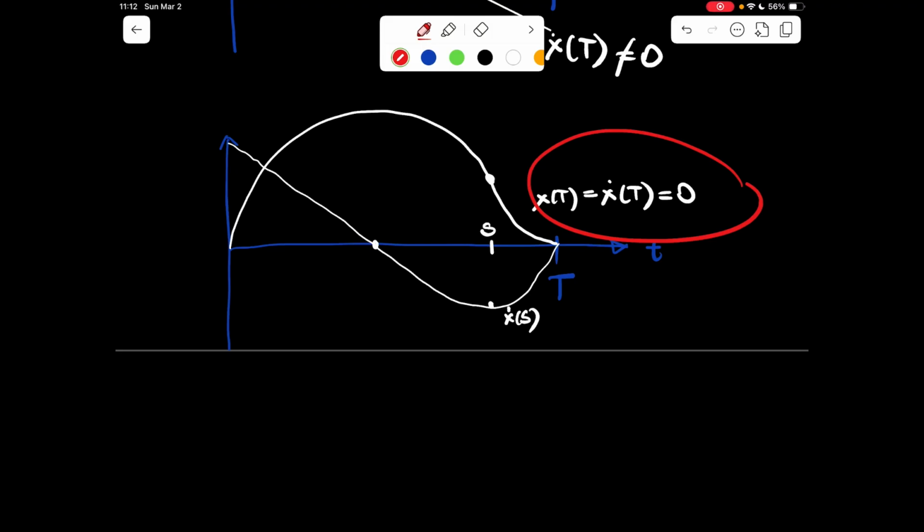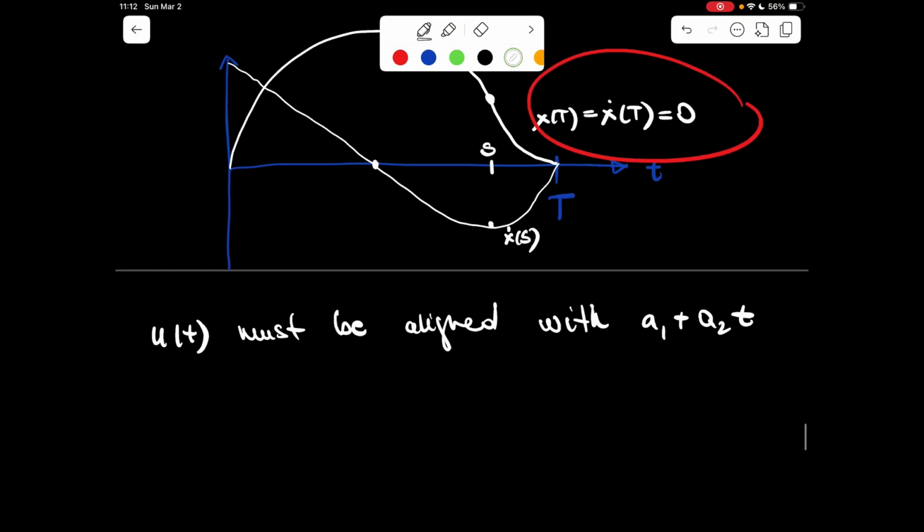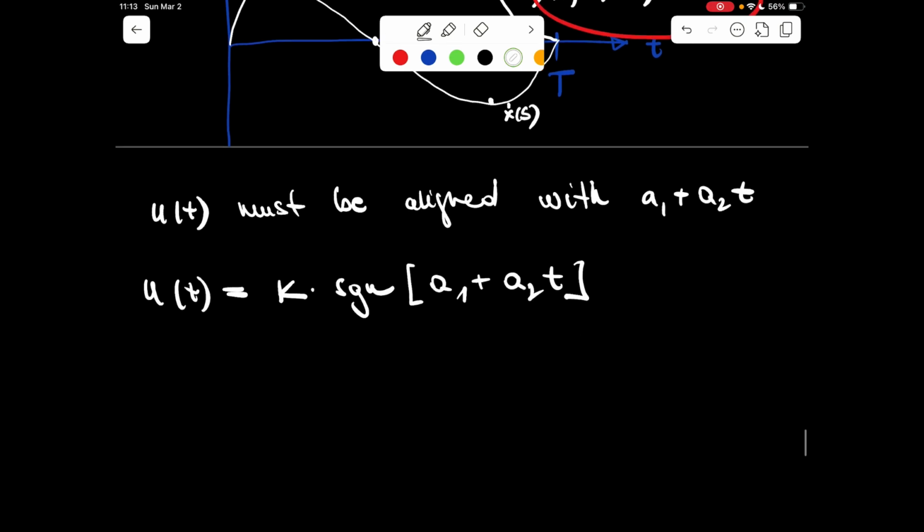But we also know that ut must be aligned with a linear function, which means that the sign of the line drives the sign of ut.